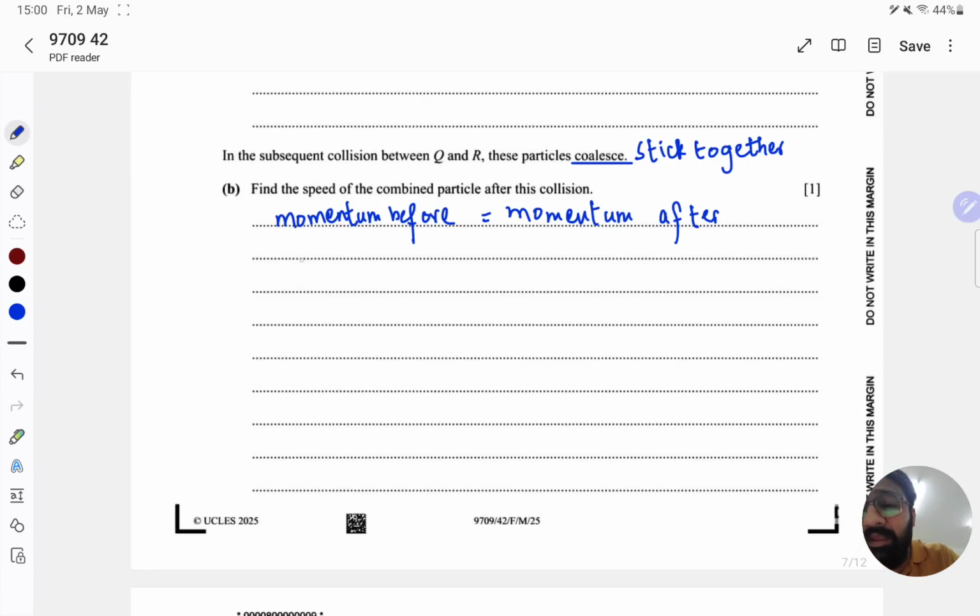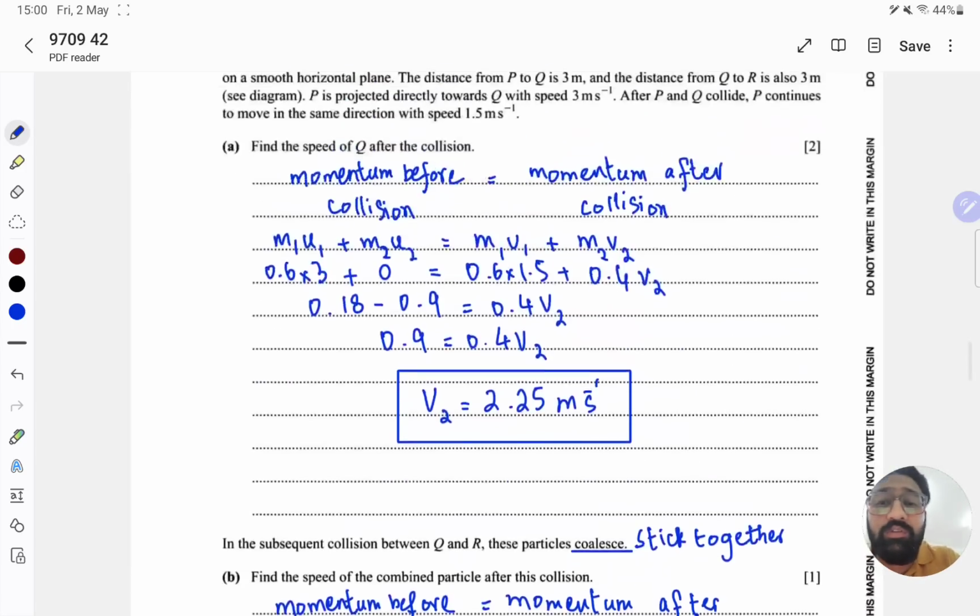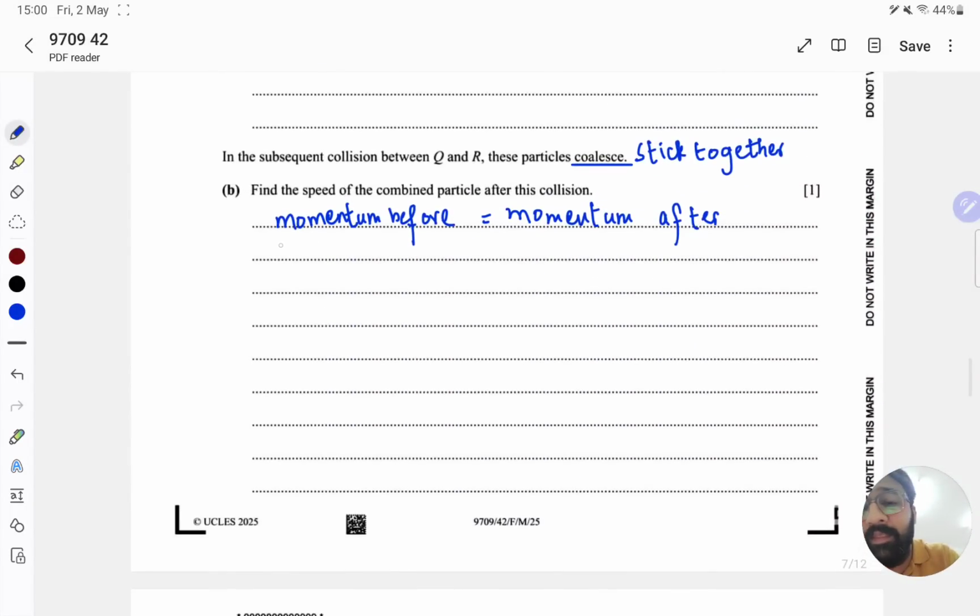So momentum before will be between Q and R now. So mass is 0.4, and this is the scenario between Q and R, after the collision between P and Q. So the initial speed of the particle Q is going to be 2.25, that was the final speed after collision in the previous scenario, plus the object R is at rest because it is not hit by the object yet, and it will be equal to the momentum after.